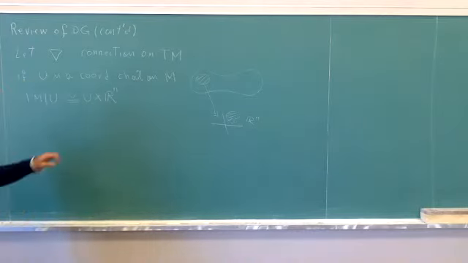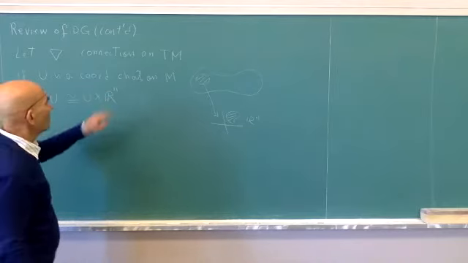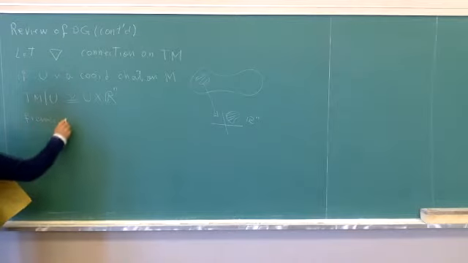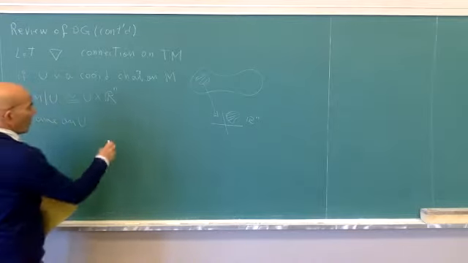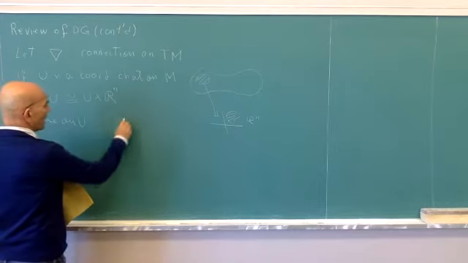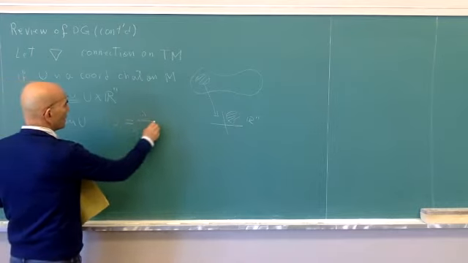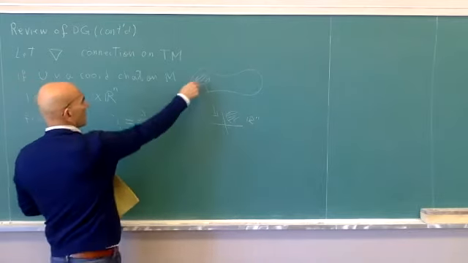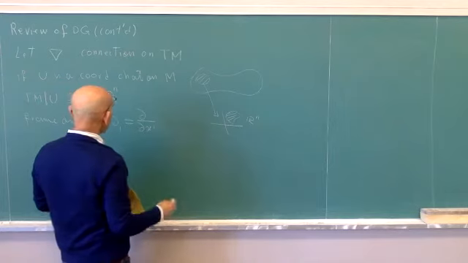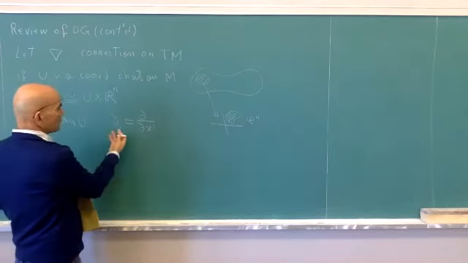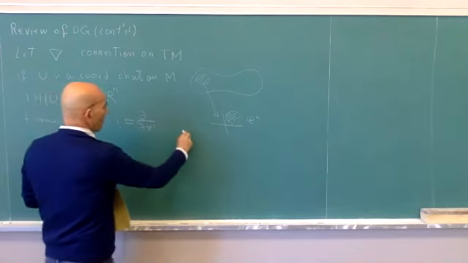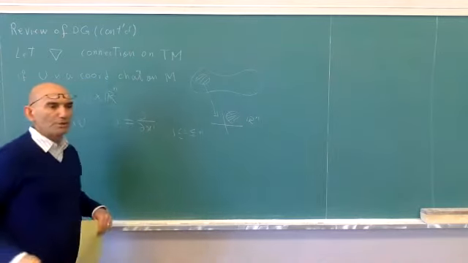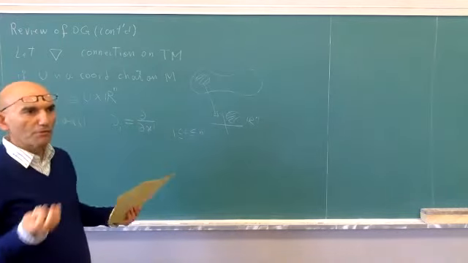And then there is a frame on U. I denoted it by ∂i, which is also another notation, ∂/∂xi. So these are the coordinates that we have here coming from Rn, and i is between 1 and n. These guys have two interpretations, and we work with both.